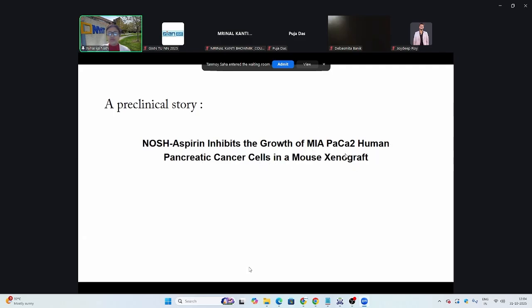And these are human pancreatic cancer cells. Now, pancreatic cancer, you know how dangerous it is. The 5-year survival rate of pancreatic cancer is really not that great because by the time you catch it, by the time you know that a person has pancreatic cancer, it is already hard to control.